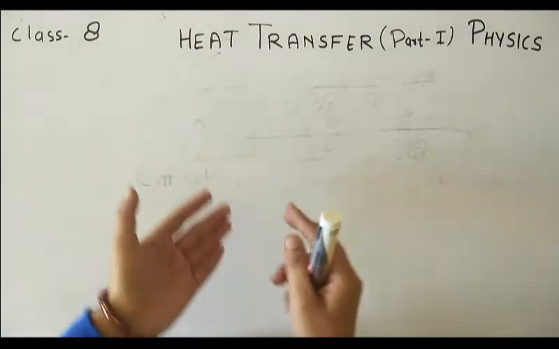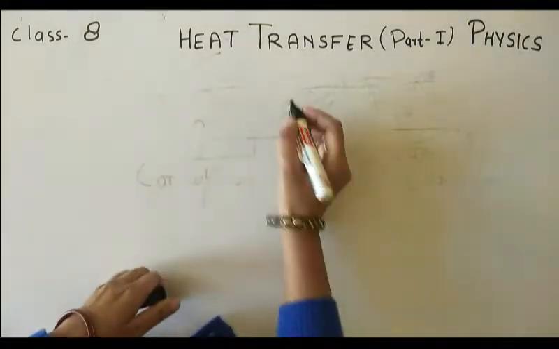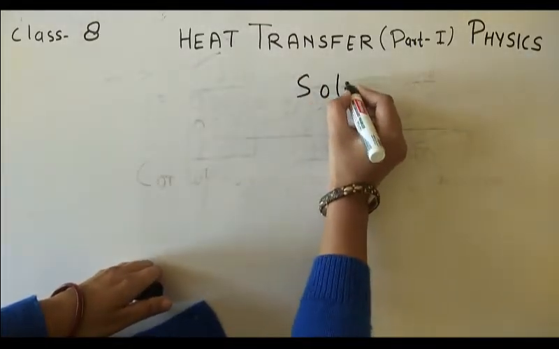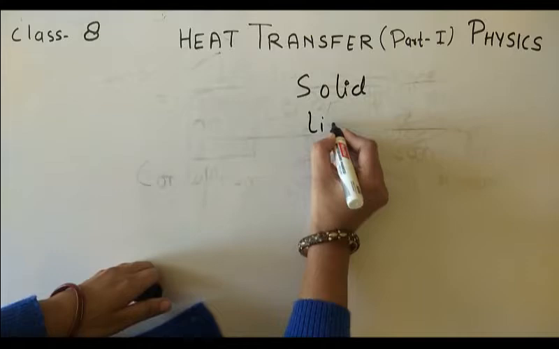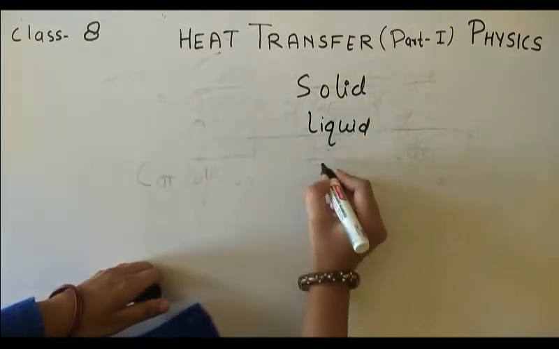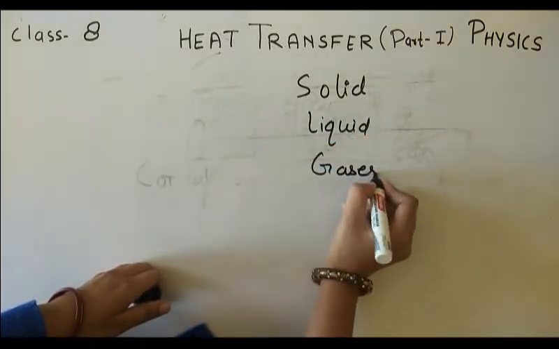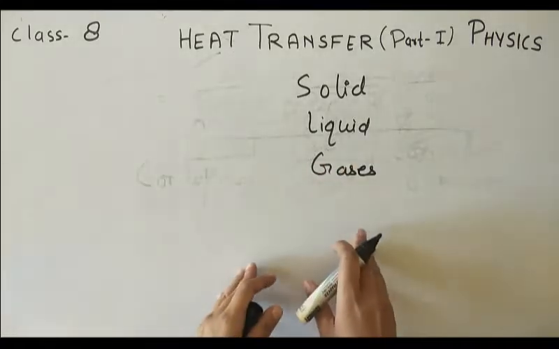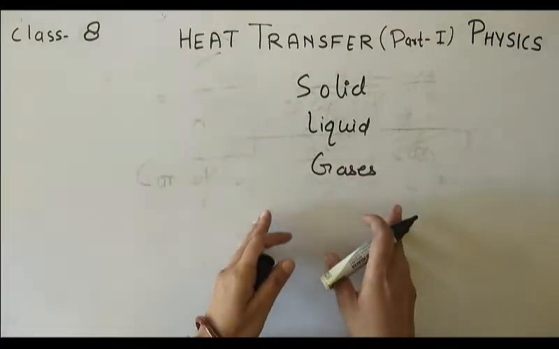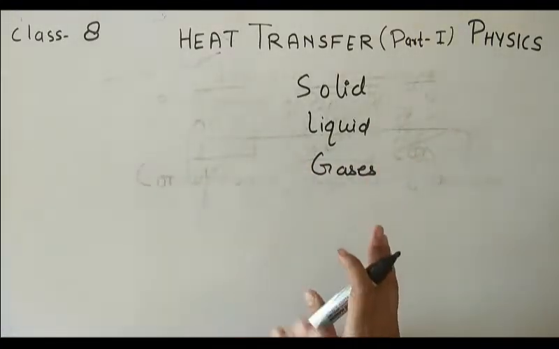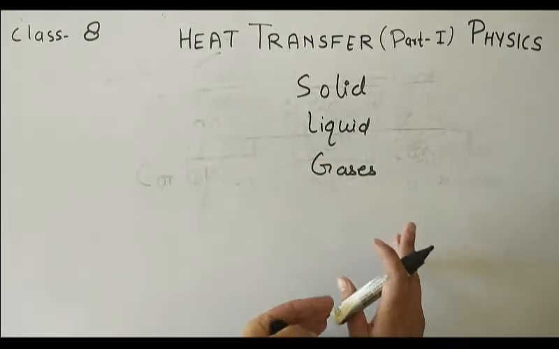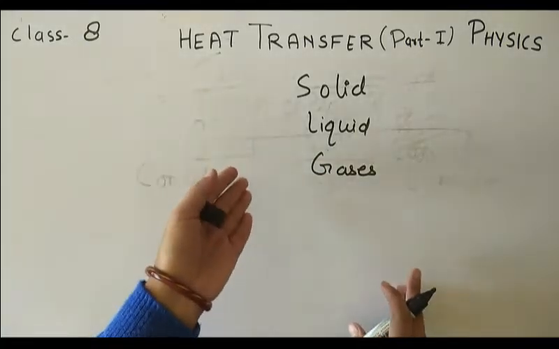So all the substances, जितने भी substance होते हैं, as you know, the solid, liquid and gases, all these substances have internal energy. सबके पास internal energy होती है which is the sum of kinetic energy, which you also studied in the matter chapter.